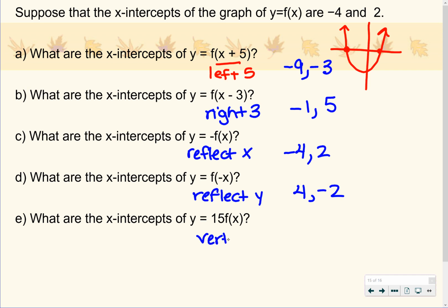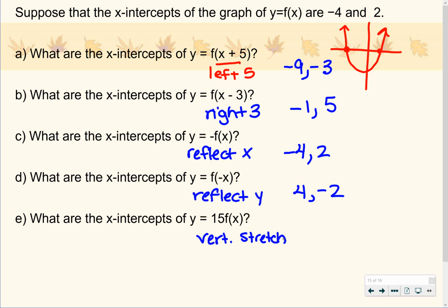Vertical stretch by 15. Now, again, when we are stretching or shrinking, we're pulling away from the x-axis or pushing towards the x-axis. In this case, we're going 15 times the distance we already were. If I'm on the x-axis, what's my distance to the x-axis? 0.